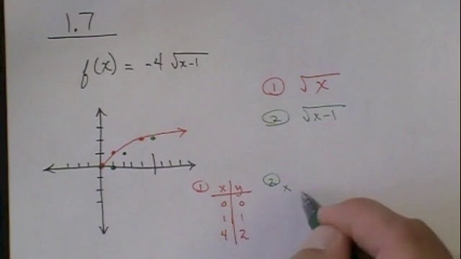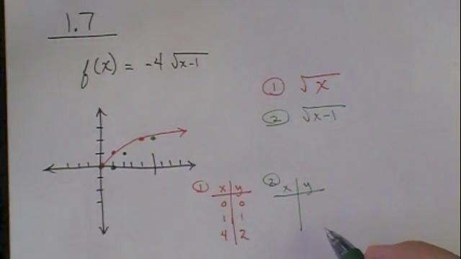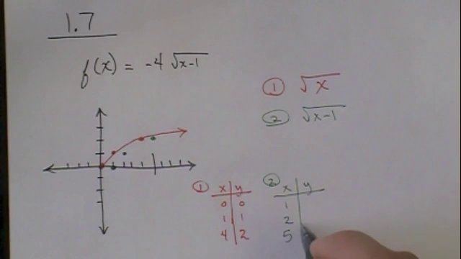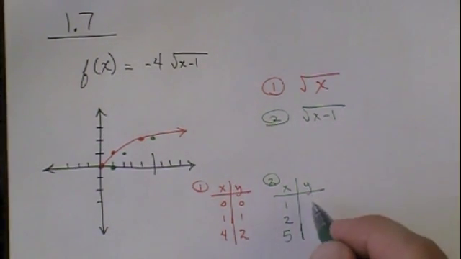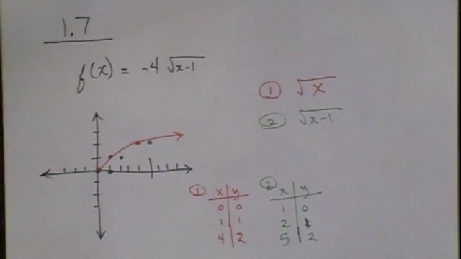Right there, so our x and our y values, again that's going to move then those x values to 1, 2, and 5. Right, and our y values stay the same on that point, so we're still at 0, 1, and 2, same as we were before.